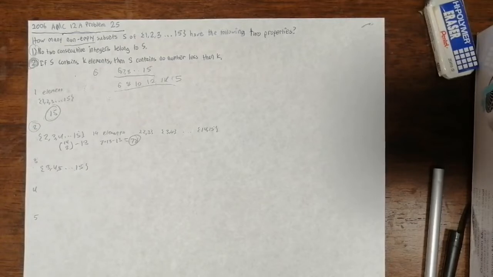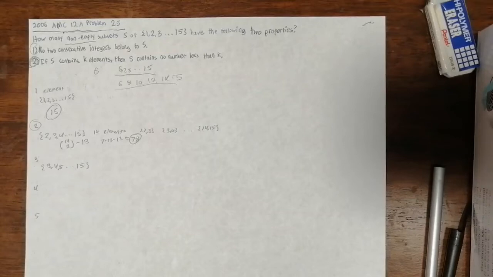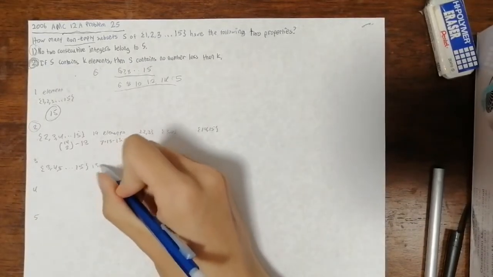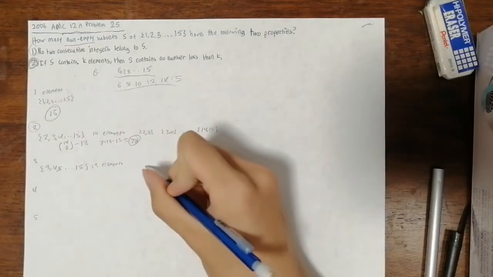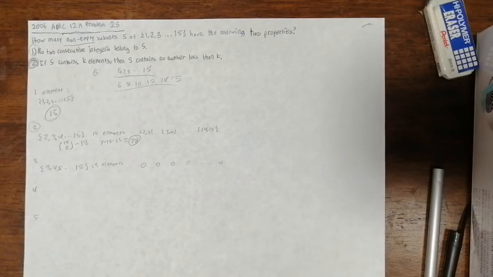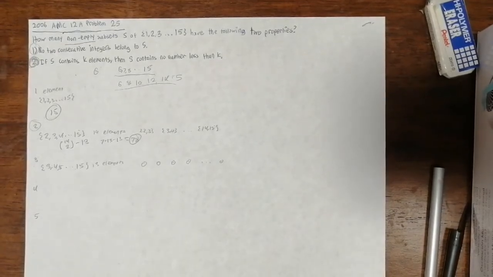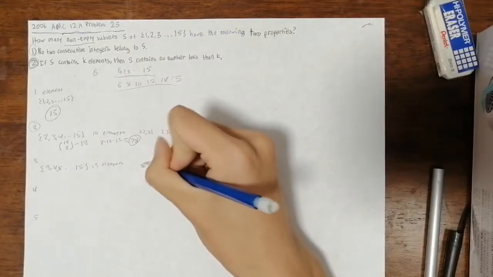If you haven't heard of it before, you can search it up on the Art of Problem Solving wiki. So we have 13 elements in this case, and I'm just going to write them out like this. It's like we have 13 balls or stars. Let's say we choose 3 elements.